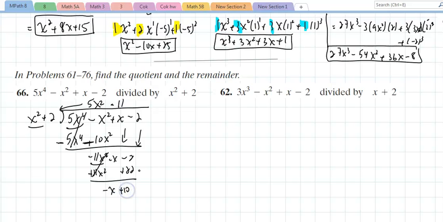So normally it's sufficient for you to write, there's the ratio. And you would write the remainder as negative x plus 10 over x squared plus 2.